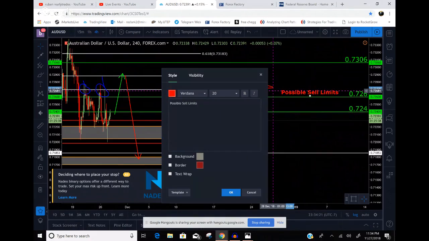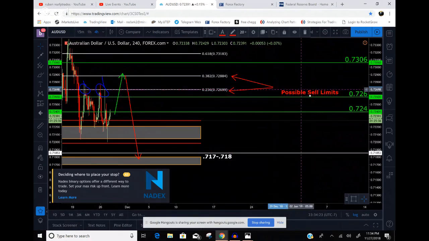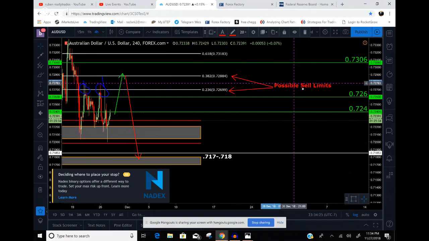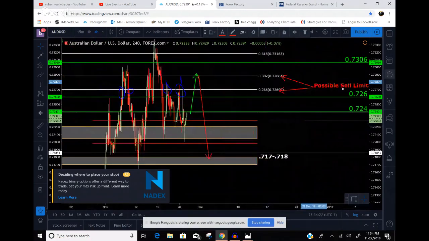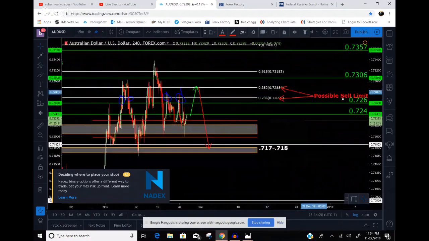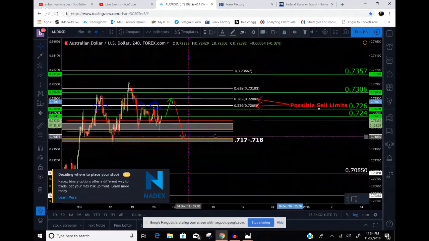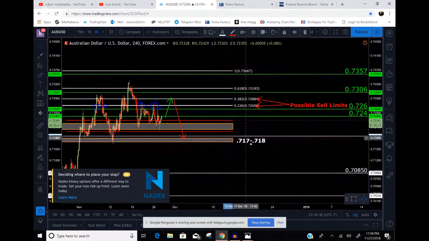Cool. So we got this right here, guys. Like I said, possible sell limits right here at this price zone. So TPs is going to be in our boxes right here and also right here. So our 717 to 718 could be a TP as well as this other box.